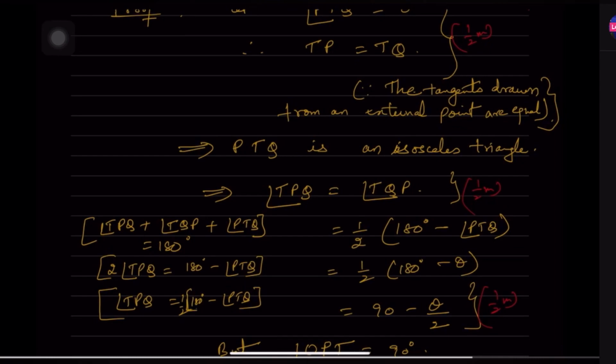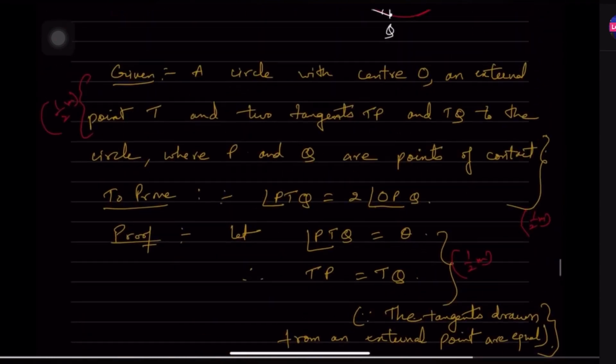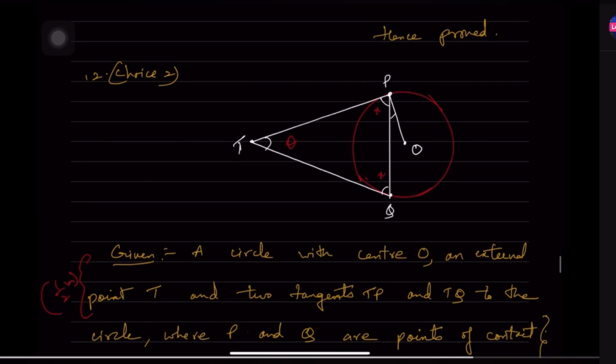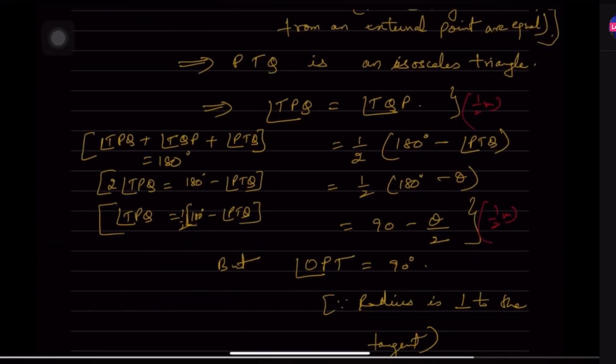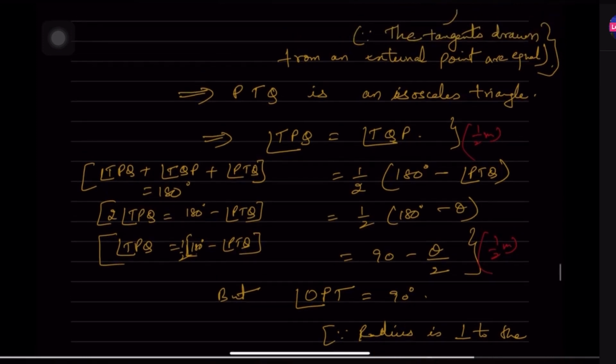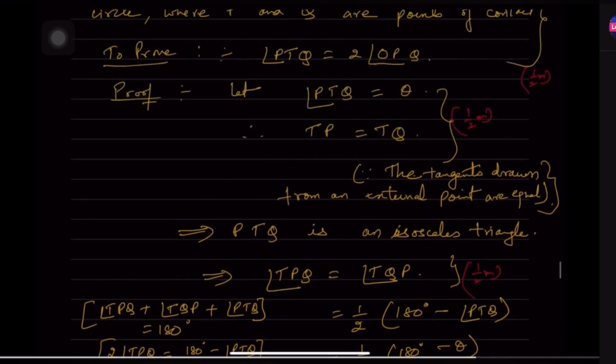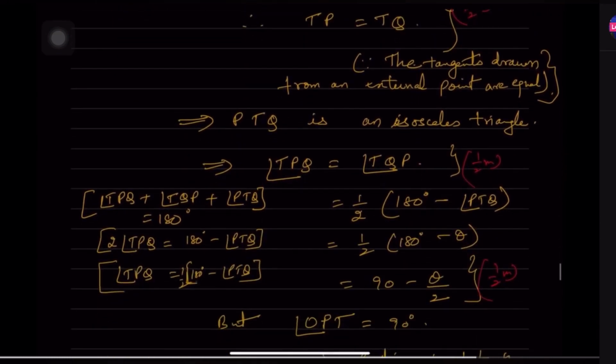Now the sum of the three angles, that is x plus x plus theta is equal to 180 degrees. I have written this as x, means it is 2 into angle TPQ is equal to 180 minus angle PTQ, and we know that angle PTQ we have written here as theta. So therefore half into 180 minus theta, which is equal to 90 minus theta by 2.